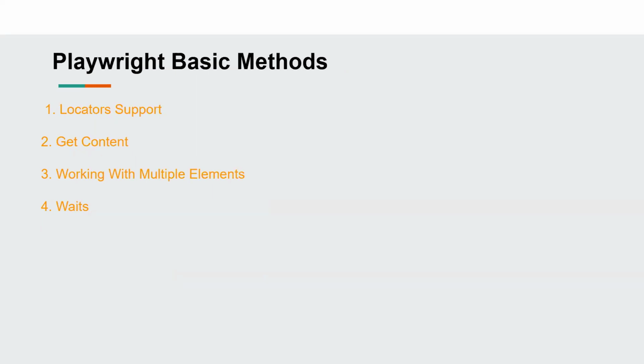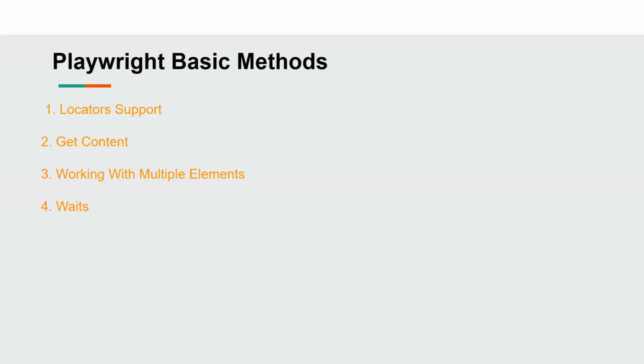We'll also learn how to get the locators and what methods I can use to get them. If you have come from a Selenium background, there you have web elements. How do you do it? It's driver dot find element, and then you provide the selector, which might be a CSS selector or an XPath.